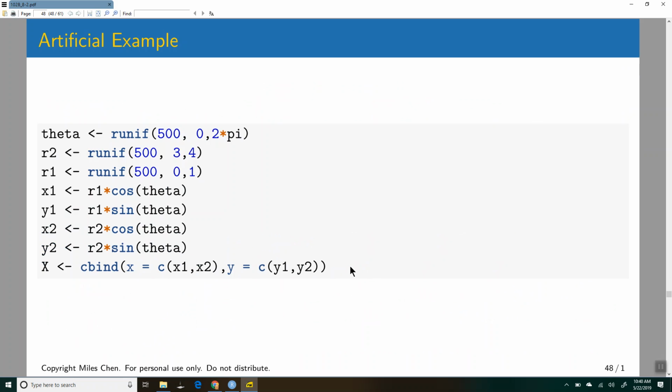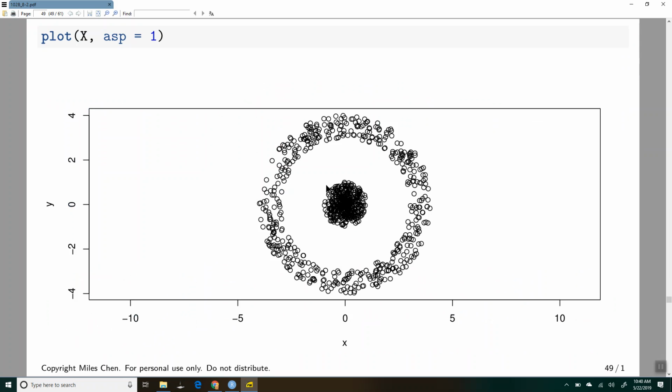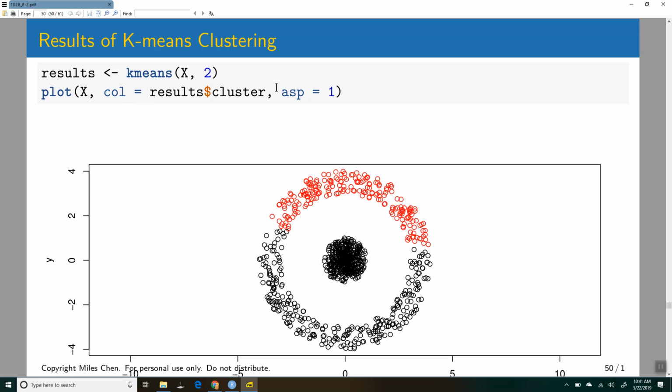Okay, so here's an artificial example where I just take it to the extreme, and I've got these points in the middle, and I've got these points in this outer ring. And if I did regular old K-means clustering, okay, K-means clustering uses Euclidean distance. It ends up partitioning it something like this. And if I did a different run, I'd probably get something different. But basically, these points up here and these points down here will never be in the same cluster because the Euclidean distance between these points up here and these points down here is very far, okay?